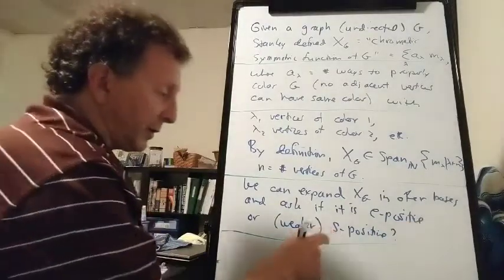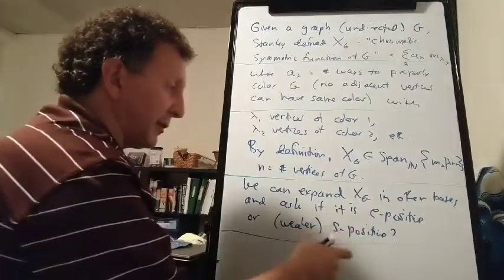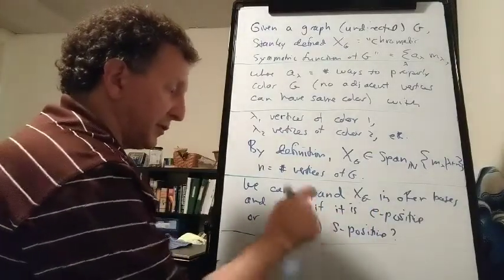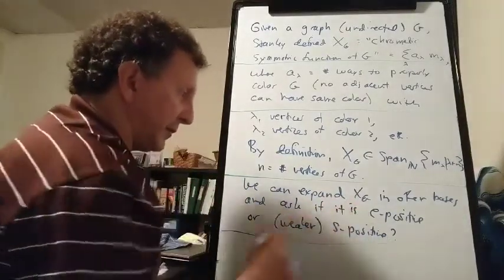Schur positive is a weaker statement, because every elementary symmetric function is a non-negative linear combination of Schur functions. So if it's E positive, then it's definitely Schur positive.